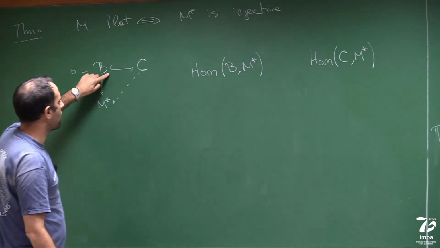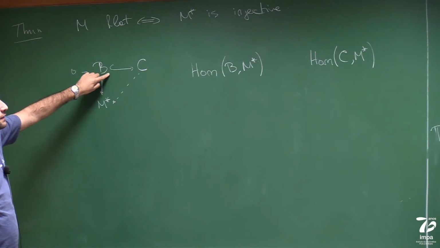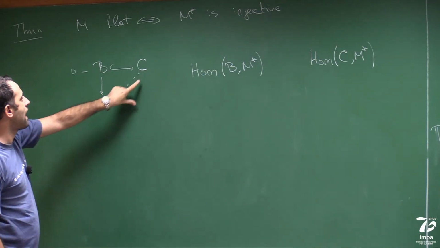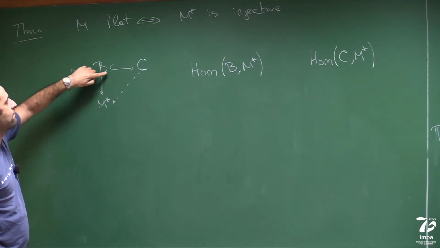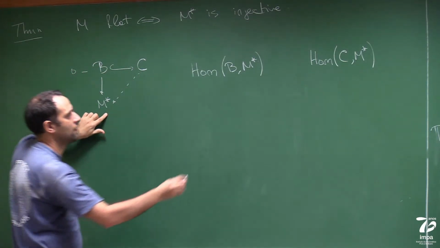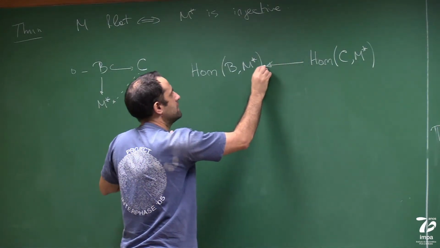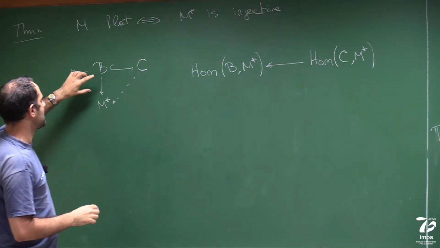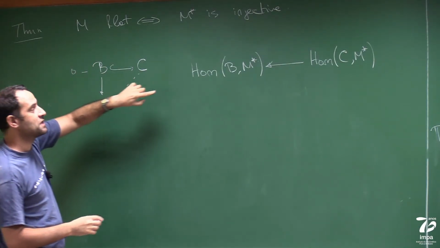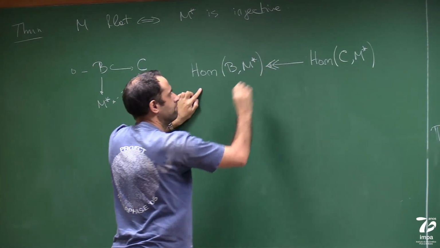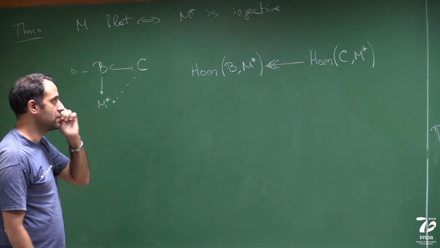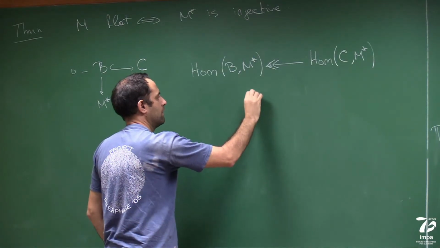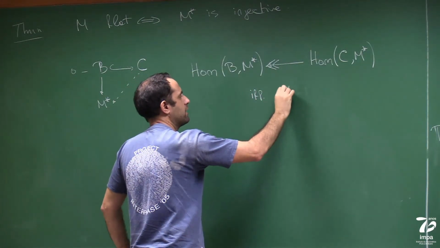And of course, Hom is contravariant in the first argument. So if you give me a map from C to M star, you get a map by composition to Hom(B, M star), which is the composition with this. And what we want is that any map here can be lifted here, so we want this map to be surjective. Okay? So this is surjective if and only if M star is injective.